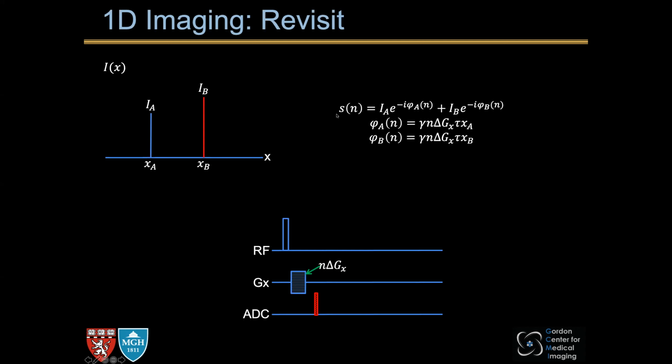So now the spatial location information is embedded in the phase of the received signal. Of course, we cannot distinguish these two signals based on only one sample, but if we repeat this experiment many times with different gradient pulse strengths, now we can distinguish these two signals.